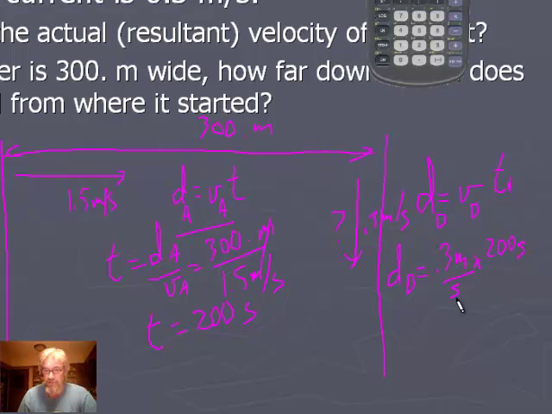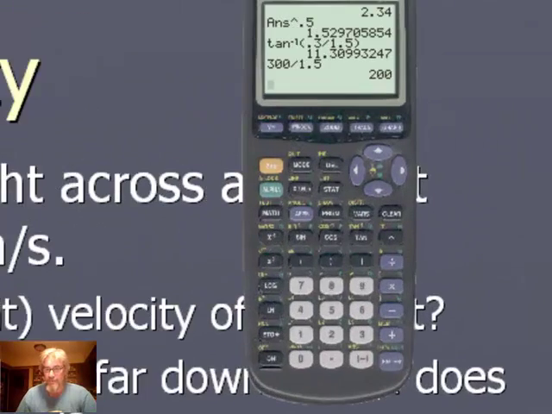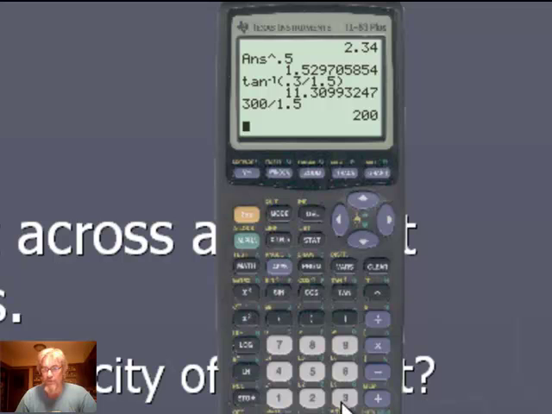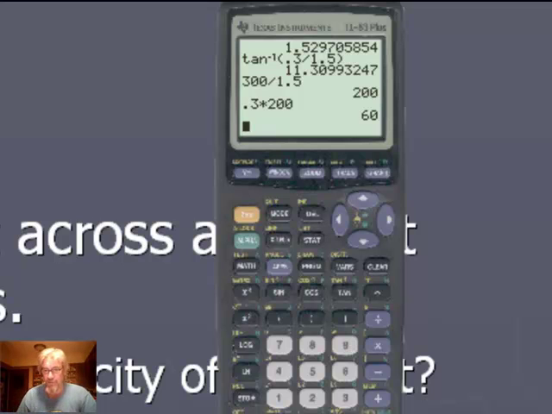Now seconds are what cancels out, and the distance downstream will come out in meters. So if I take 0.3, multiply by 200, I come up with 60. So the boat has drifted 60 meters downstream in the time it takes for it to go across the river.